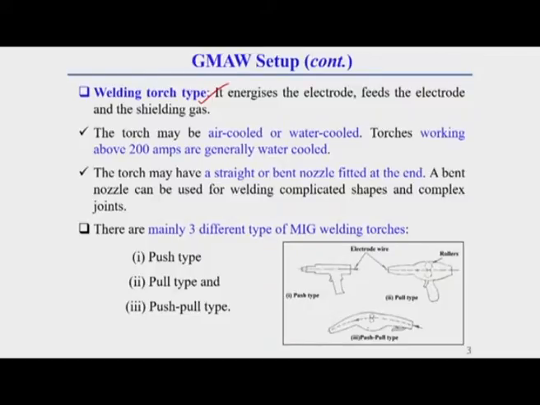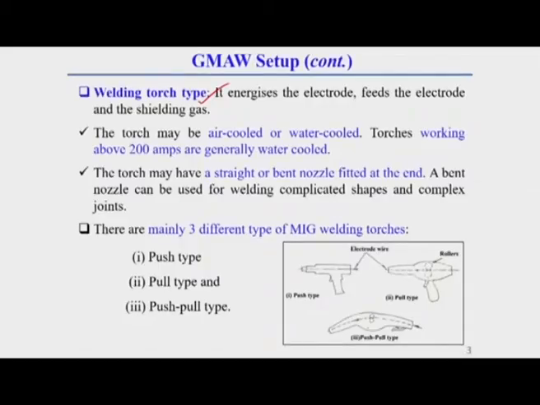For that reason, if the current range is high enough, more heat can be generated. If there is more heat, there is a chance of overheating of this torch and other parts. That is why, depending upon the range of current, this torch can be air cooled as well as water cooled.